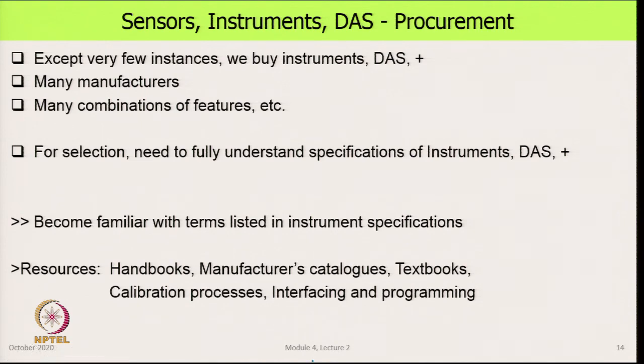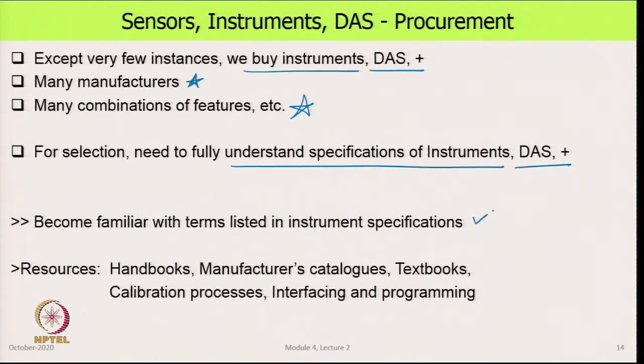So, what is central to all of this, what we have seen in this lecture is that except for very few instances, we buy instruments and we buy DAS or we buy the whole thing as a package. There are many manufacturers to choose from and they have many different combinations of features. So, for selecting it, when we are putting together an instrument experiment, and also later on when we are analyzing the data, we need to fully understand the specifications of all of these.